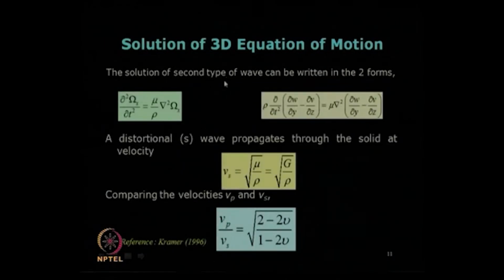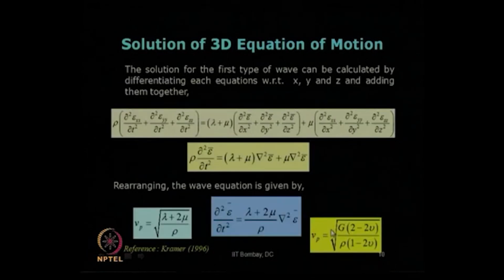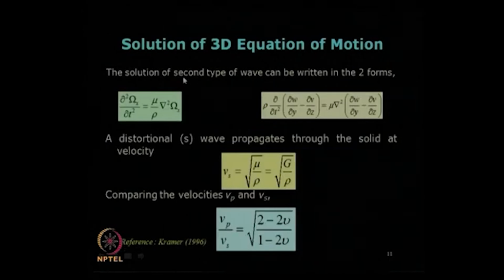And the solution of the second type of wave, that is for the torsional wave. What is the first type and second type? In the first type, we have taken the longitudinal wave, so all the strains are related to the longitudinal direction. Next, we are considering the second type of wave, which is torsional in nature. When we talk about a torsional wave, we have to take the corresponding torsional strain.